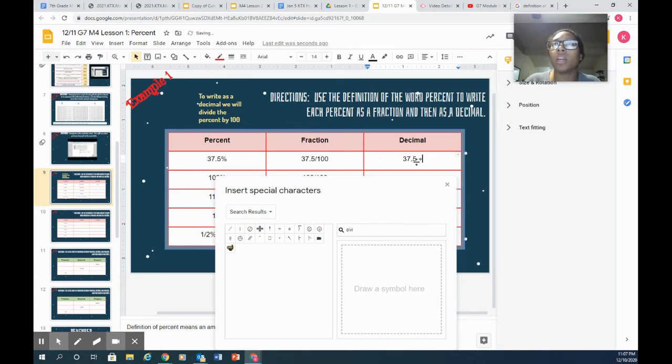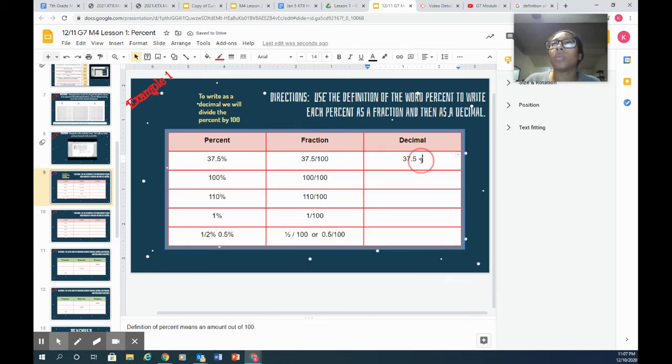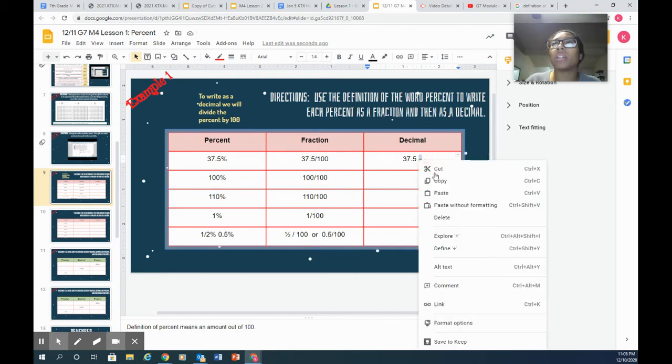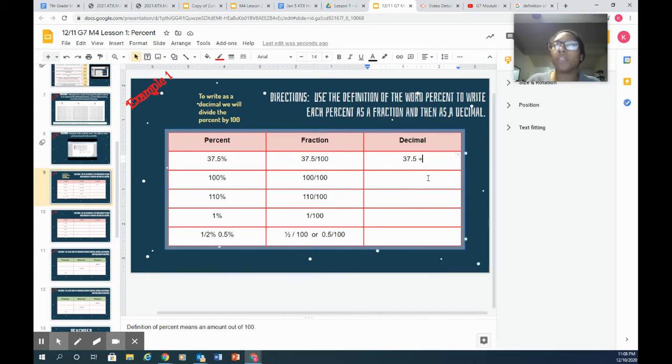Bam, there it is, and look, it's inserted. Okay, so I'm going to copy this because we're going to be rewriting this a couple of times and I won't have to go through that again. So 37.5 divided by 100.